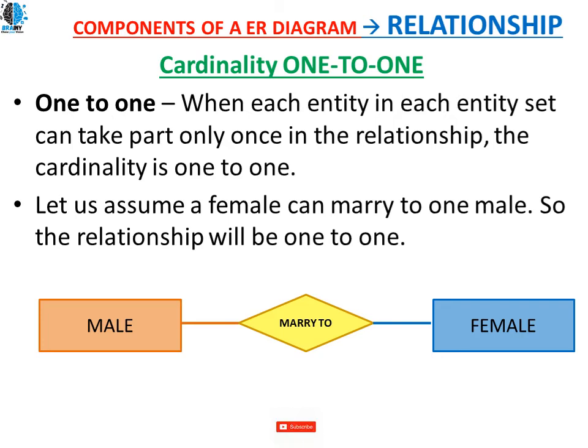So this is a 1-to-1 cardinality relationship. It means both these entities can participate in the relationship only once. So this type of cardinality is called 1-to-1 cardinality.